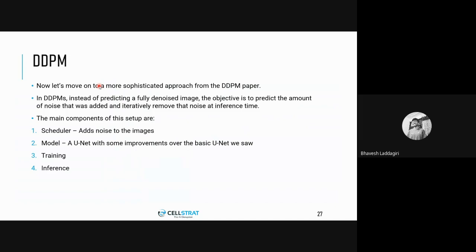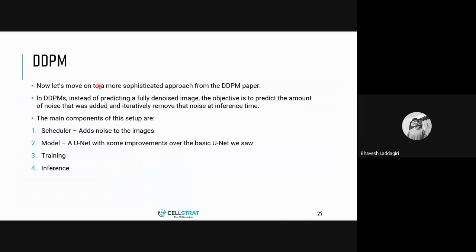Our original simple approach was predicting a fully denoised image. We take some random noise or a noisy image, and then we predict a fully denoised image. The objective in DDPM is different. Here, our goal is to predict the amount of noise that was added, and iteratively remove that noise at inference time with the same sampling method.